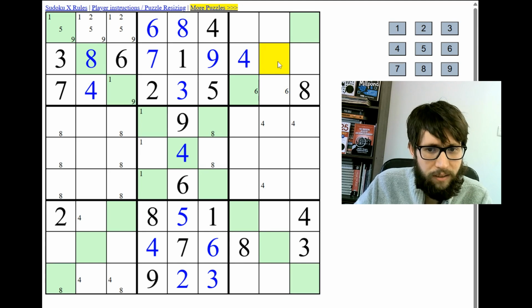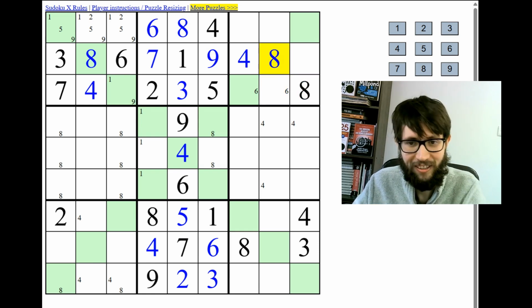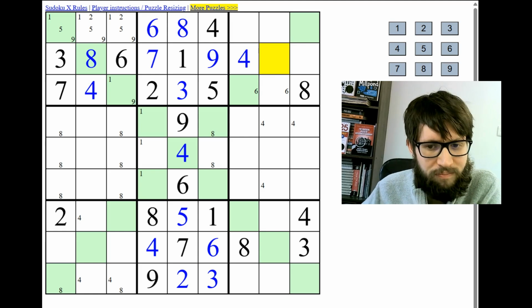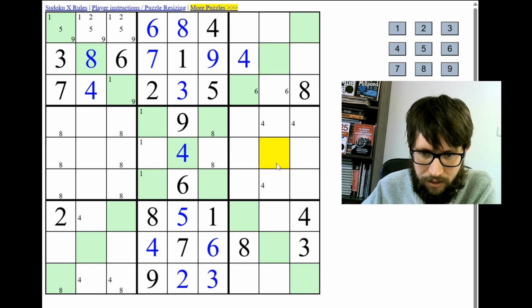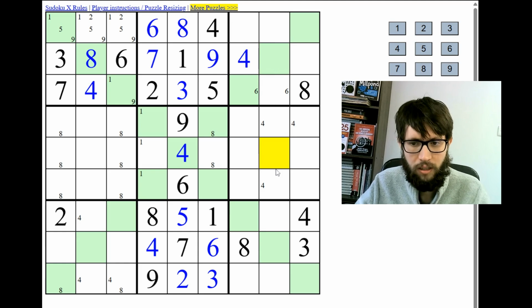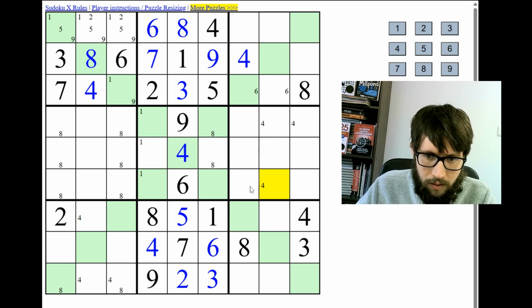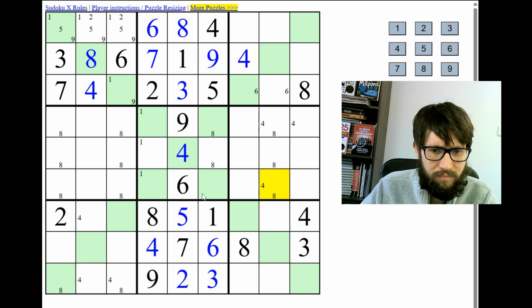This square, I think. Because it... Oh no, it's not. I've just put 2 8s in one box. Okay, don't follow that. Don't do that. That was certainly a mistake. I'm glad I caught it. But the 8 probably goes here, here, or here. Yep.